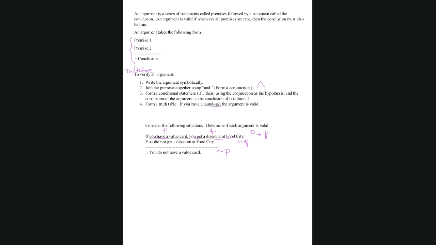So I'm going to say, if P then Q, and not Q. I had two premises and I've joined them using and, then I'm going to write that in a conditional with the conclusion.